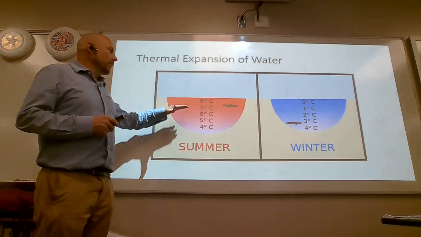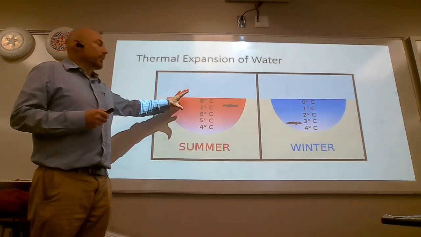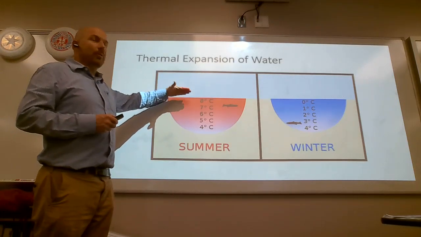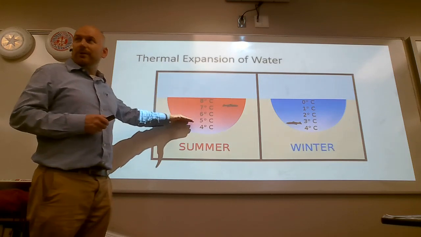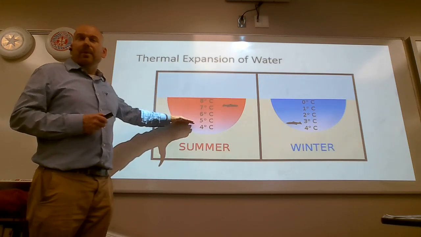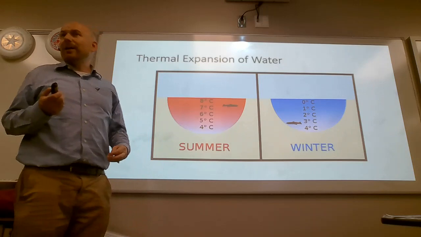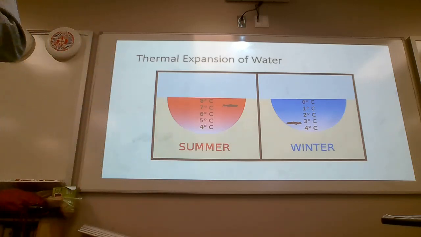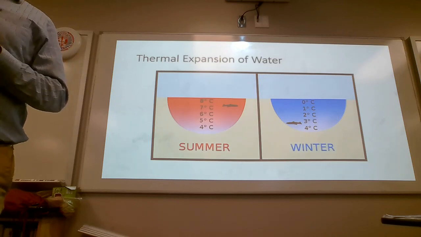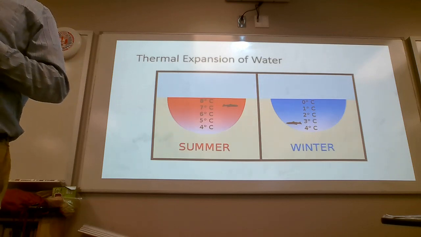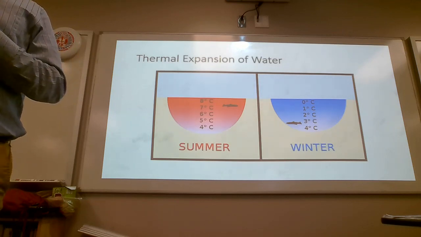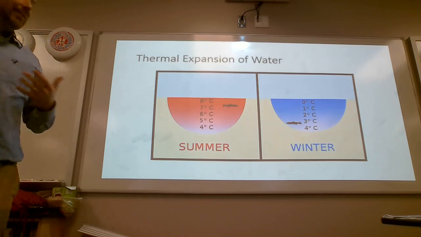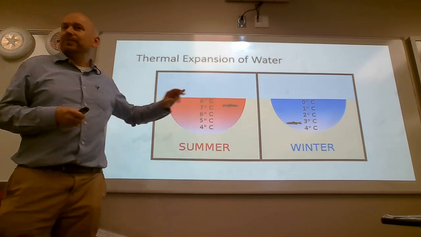All right, so water in a lake, typically during the summertime, the hotter water is going to be on top, the colder water is going to be below. That's what we'd expect. That's not earth shattering. If you've ever swam in a lake and dove in deep, it gets cold fast. Right? That's what we'd expect.